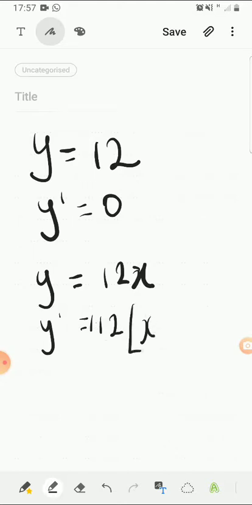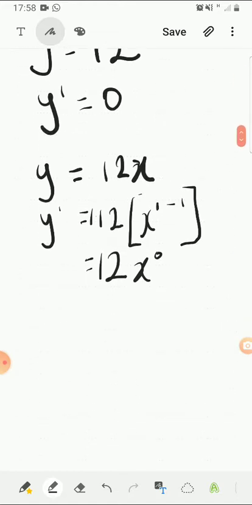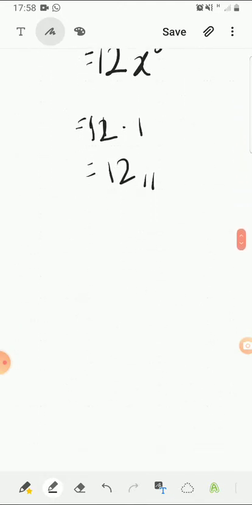And then remember, the power will minus 1. This is the power formula or power rule. Now 1 times 12 is 12 back. Then 1 minus 1 is 0. So anything raised to the power of 0 is 1. So that means what we have left is 12 times 1, which is 12. So that is the derivative of 12x, which is 12.